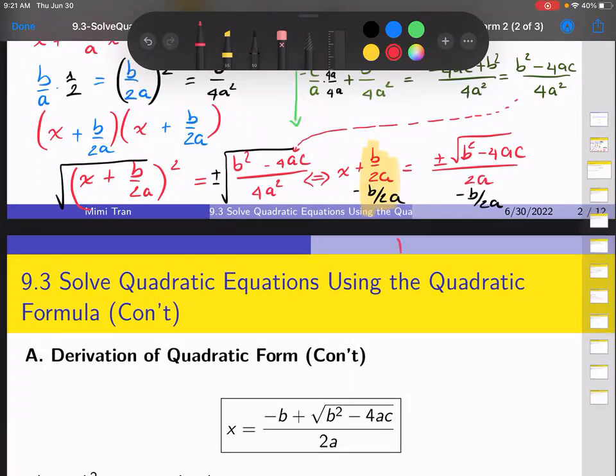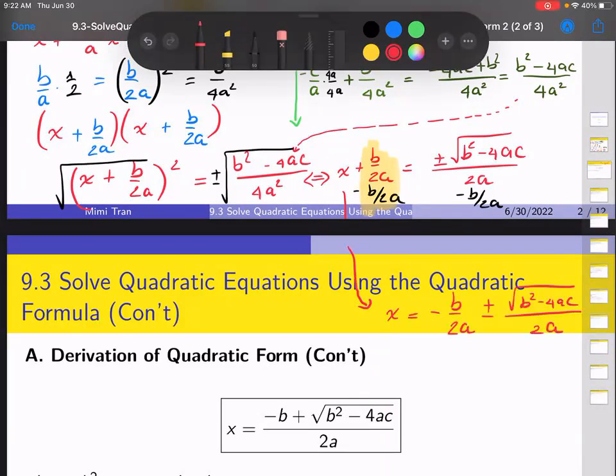You know, let me do one more time because it's not quite right. I'm going to go down here like that. Okay. So x equals minus b over 2a plus or minus square root of b squared minus 4ac over 2a.